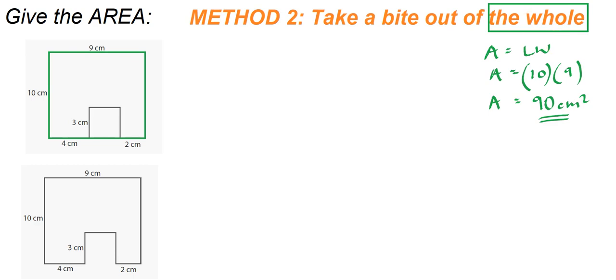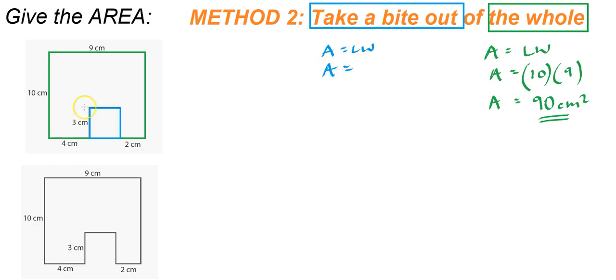Now we have to get to the bit where we take a bite out of that whole. Which is the bite? Well, here is the bite, because remember, this is not part of the shape. It's not there, so we have to remove it. We have to minus it. So let's figure out what the area of that is. Area equals length times width.